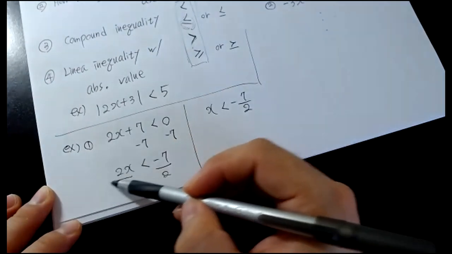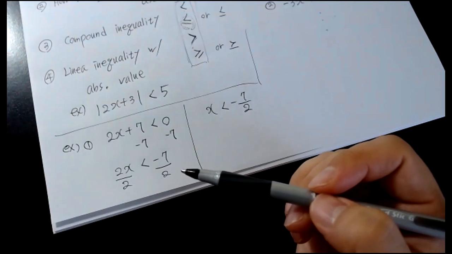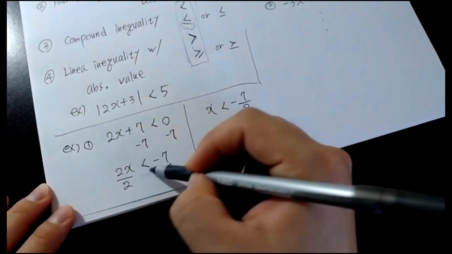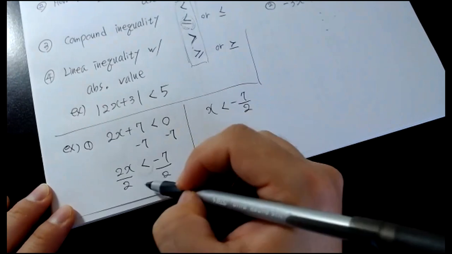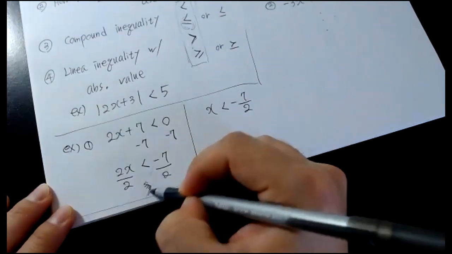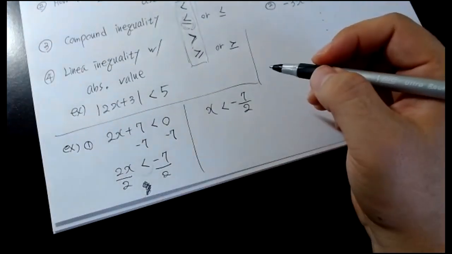Then you have to divide by negative 2, right? So when you divide or multiply by a negative number in an inequality, you have to reverse the inequality. That inequality will be reversed to greater. We're gonna give a specific example later. So just keep in mind this.